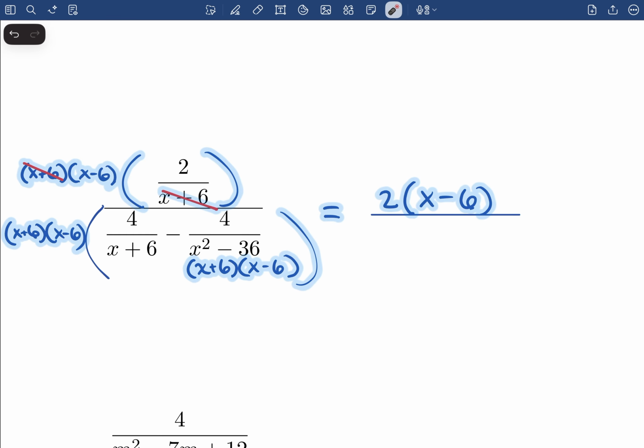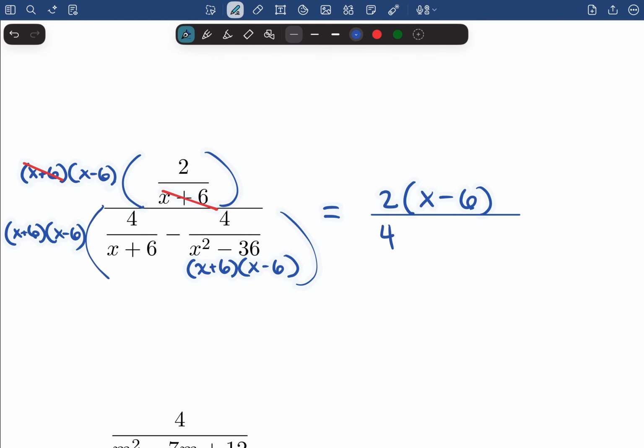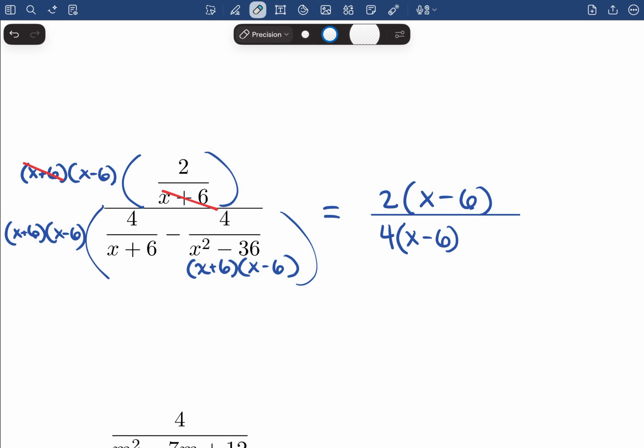So the x plus 6 factor cancels the x plus 6 factor, and this 4 is multiplied with x minus 6. So I put a 4 times x minus 6. Now I have the minus sign that's right here, so I'm going to put it, right? That minus sign just goes right there.